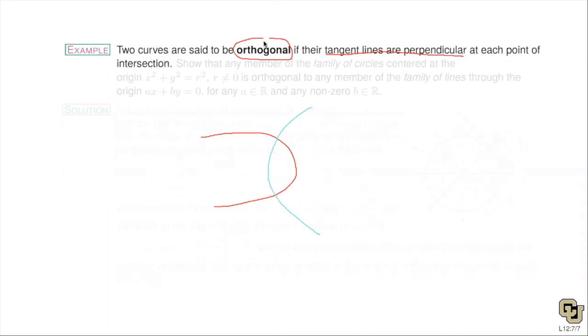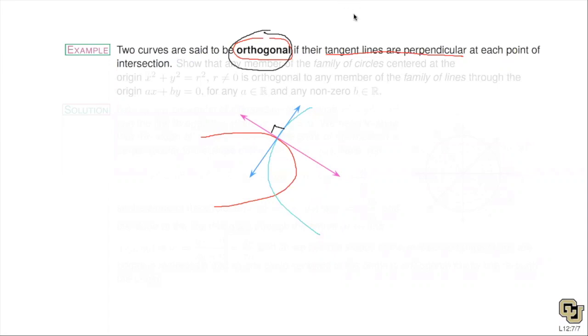I'm going to look at the tangent line of this red curve, maybe it looks something like that, and the tangent line of the blue curve maybe looks something like this. Now, if the tangent lines are perpendicular, so if the angle between these two tangent lines is a 90-degree angle, then these two curves, that red curve and this light blue curve, are said to be orthogonal. Okay, so that's the definition.